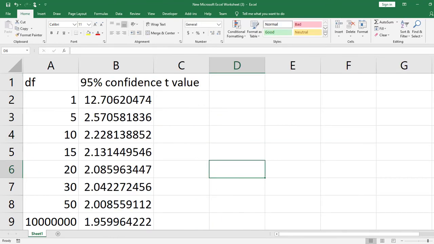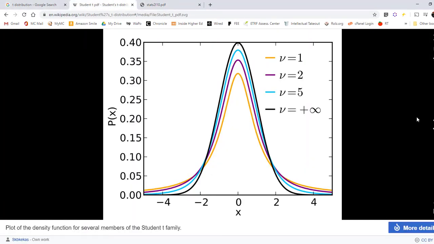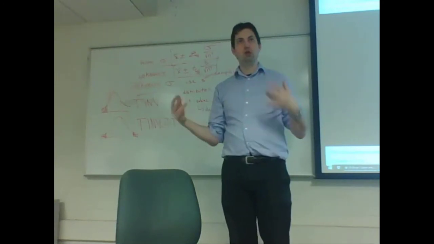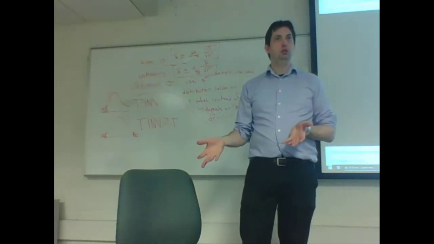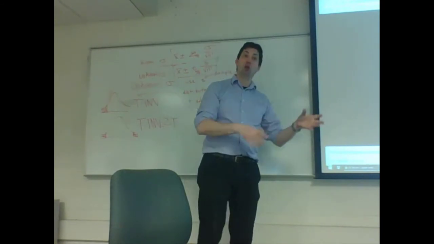Remember, as we get more degrees of freedom, the t distribution approaches the z distribution, or the normal distribution. And as the t distribution approaches the normal distribution, then we can essentially not have to be so concerned that we have this really weird sample. Right? Our estimation of S really is close to sigma.